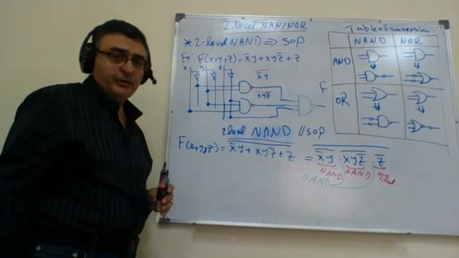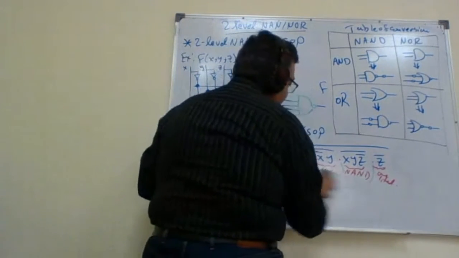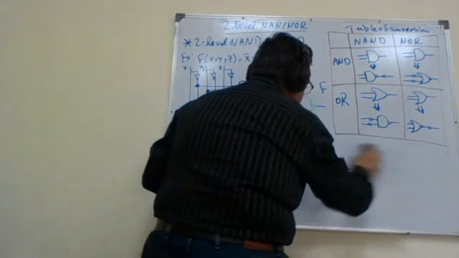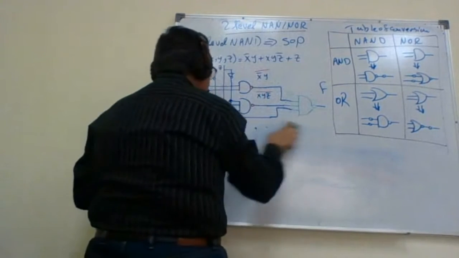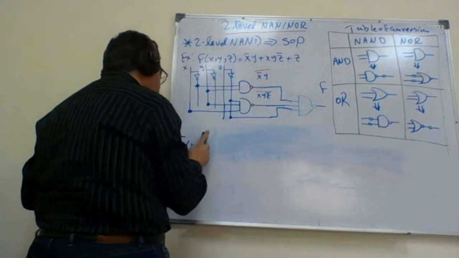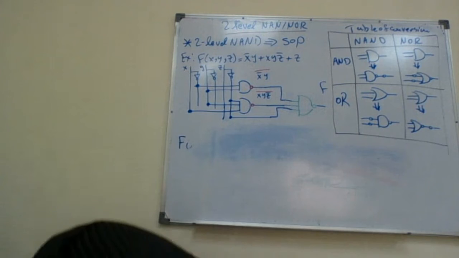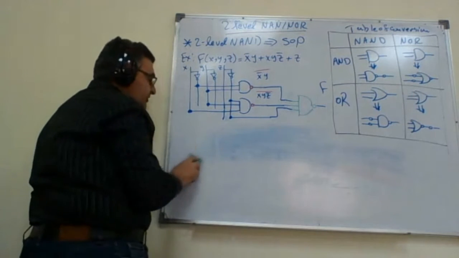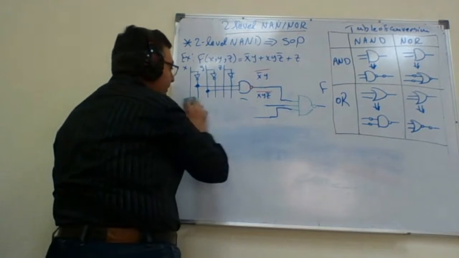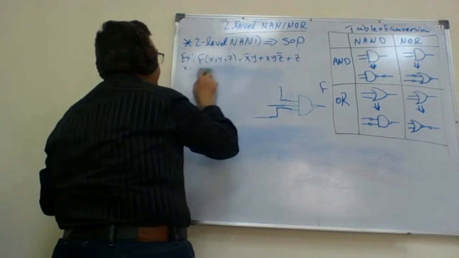Okay? Agree? Fine. Now, how can I do the opposite? How can I achieve 2-level NOR? Exactly the same work. Nothing is different. You will do similar work to what you have just done, but the condition is different.